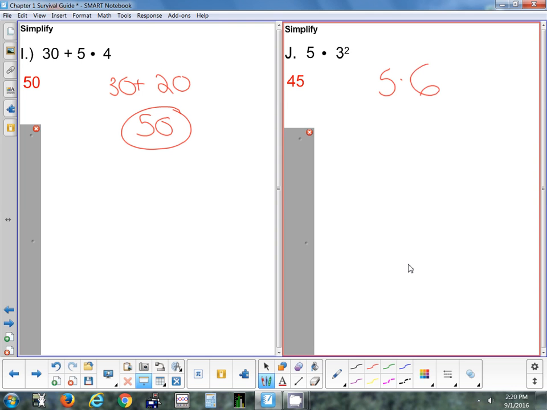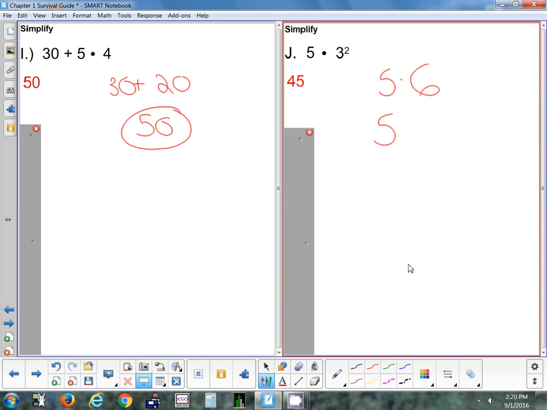It doesn't mean 3 times 2. What does it mean? 3 times 3. It's this big number multiplied by that little number. That many times. You're going to multiply this big number together 2 times. If there was a 3 there, multiply the big number together 3 times. That's all that means. It's not 3 times 2. And what we see a lot of times is when people make mistakes, they make them with the smaller exponents because those numbers are easy to multiply. So I should get what? Not 6, but 9.